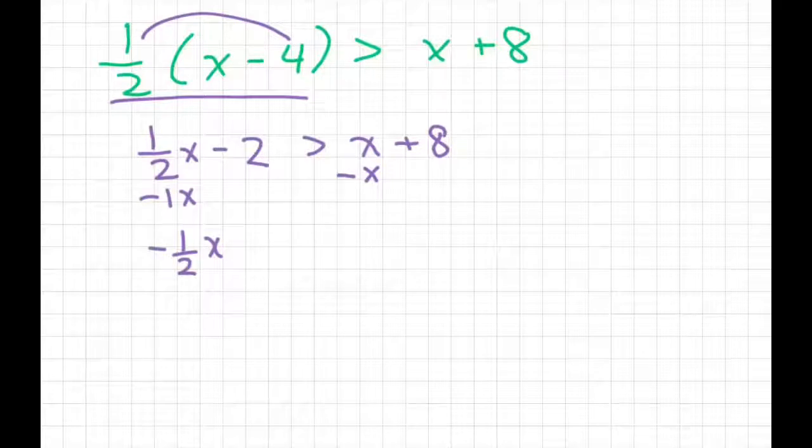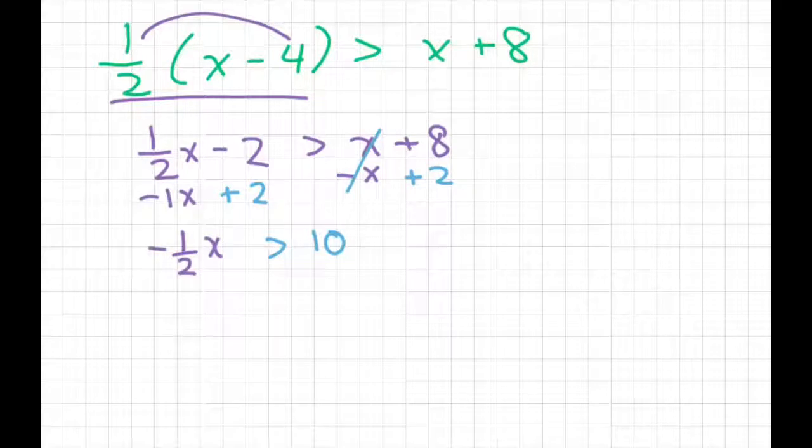And then if I add 2 to both sides, I get is greater than 10. So I subtracted that out. 1/2 minus 1 is negative 1/2, and I added the 2. That cancels, and you get 10.